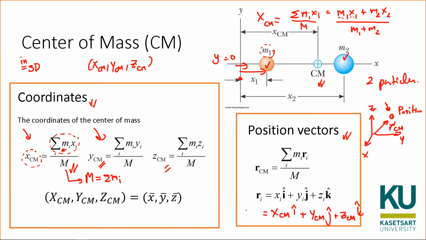So now you have the vector RCM. You sum up each component depending on your preference. You can choose whether you would like to find the XCM in terms of coordinates or the positional vector.